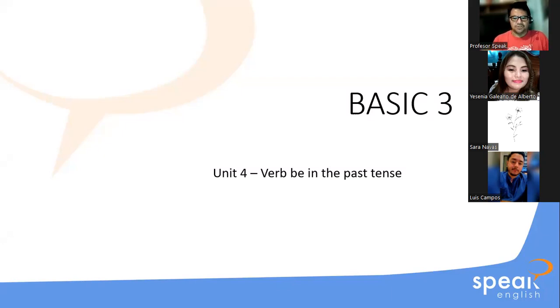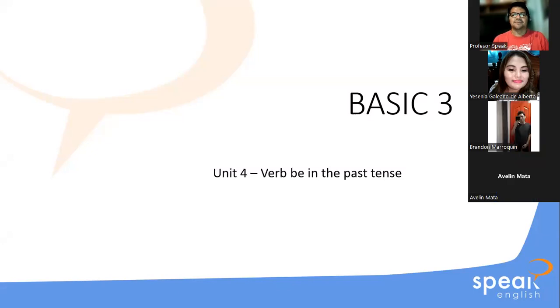Okay, so to start, we're going to be looking into the verb be in the past tense. The verb be in the present tense, do you remember what it is? What is the verb be in the present tense?